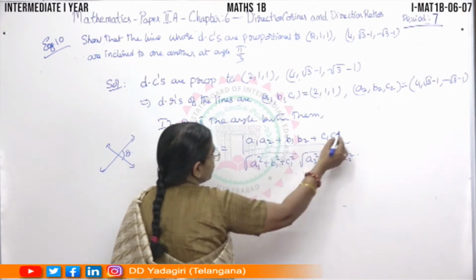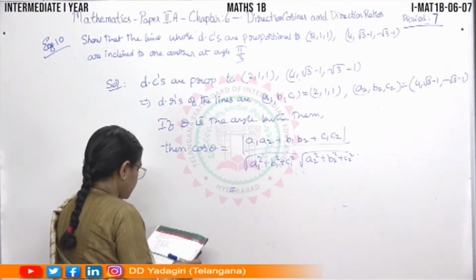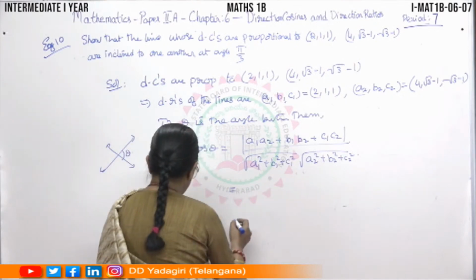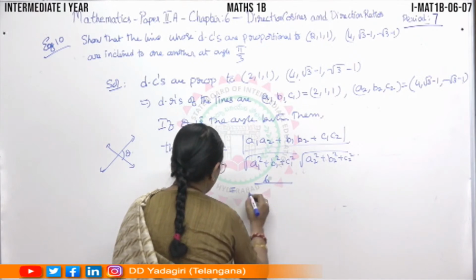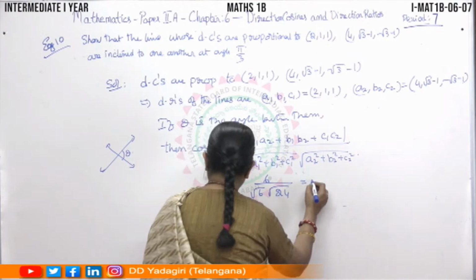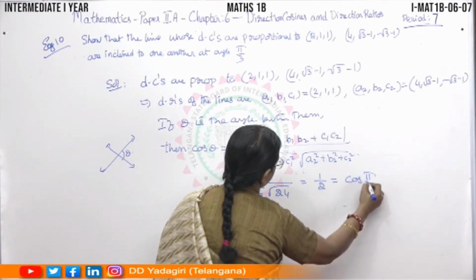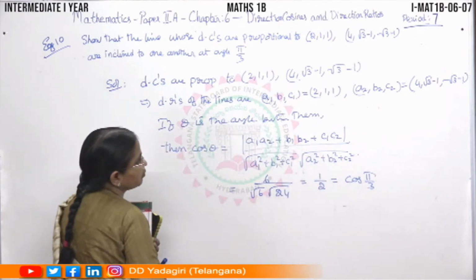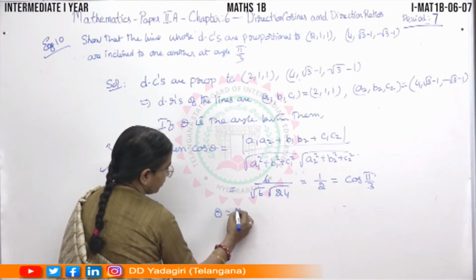So when you substitute and simplify, you will get the value, as it is a solved example. Writing the values directly, it is 6 by root 6 into root 24. So you will get 1 by 2, which can be written as cos pi by 3. So theta is equal to pi by 3.